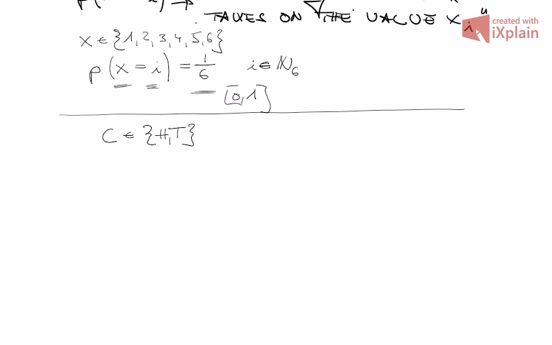And if you have a fair coin, what's the probability? 1/2. So you can say the probability that C equals H is 1/2, and the probability that C equals T is also 1/2.